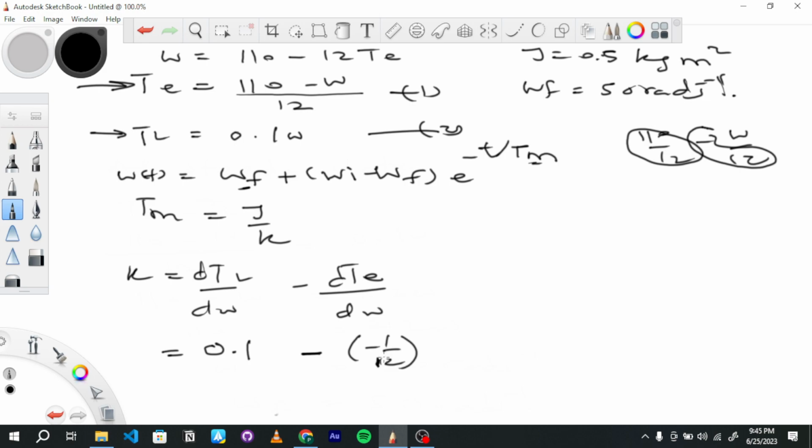Calculate that. So you get 0.1 plus 1 over 12. You get 11 over 60.